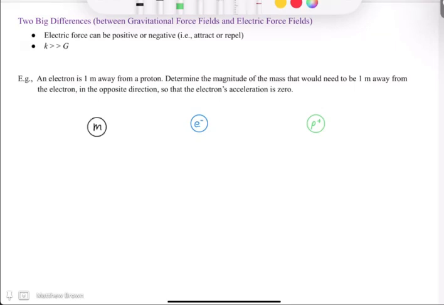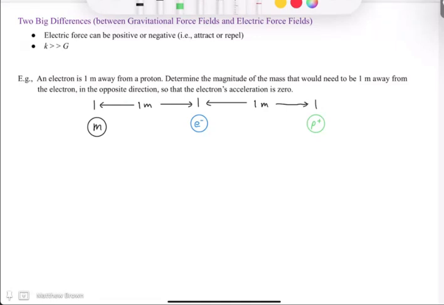And everything's going to be 1 meter apart, right? This here is going to be 1 meter, and this here is going to be 1 meter. Seems pretty straightforward, right?